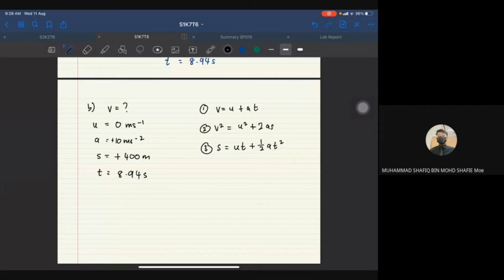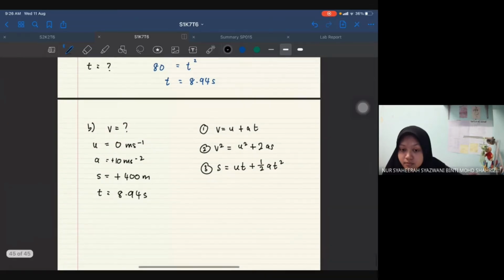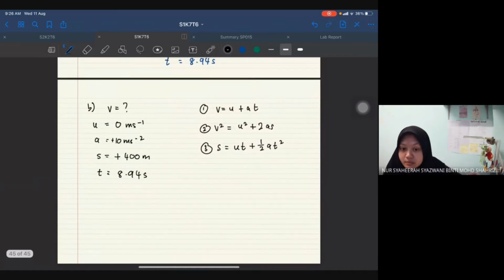Okay, based on this information and the equation that you have, which equation do you want to use? First equation. First equation, can I use the second equation? Yes. The third equation doesn't have V, so it can't be used. So we want to find V. So you can use either the first or the second. Using the first is fine, let's use the first.